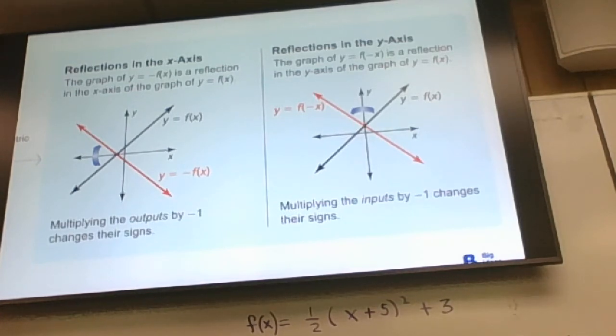I haven't said anything yet about reflecting across y. So you can reflect horizontally this way. To reflect across y, you only multiply the x value by -1. To reflect across the y-axis, multiply only the x value by -1.